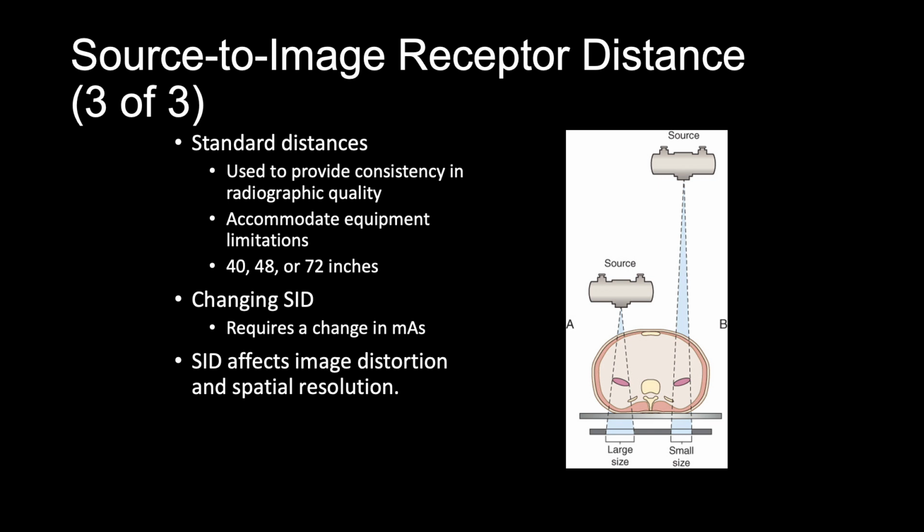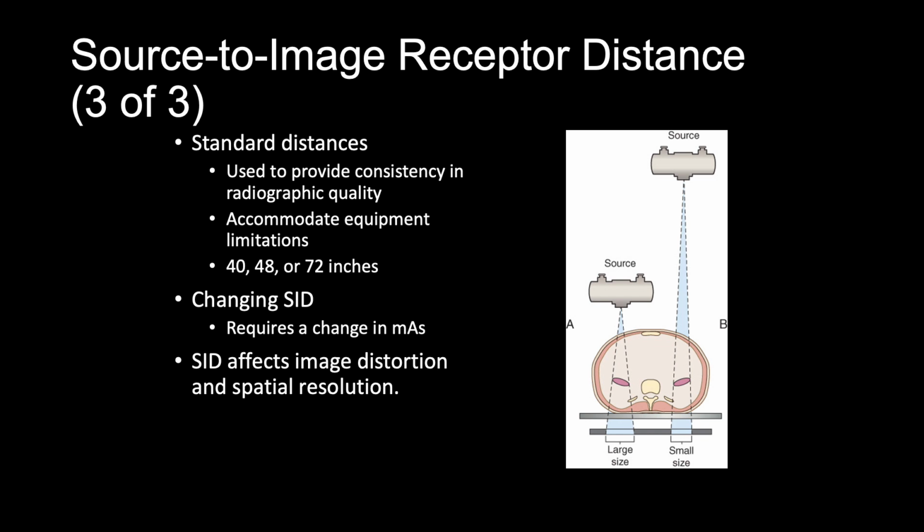Shown in this figure is SID and size distortion. A long SID creates less magnification than a short SID. In figure A, we have a very short SID, and it's going to create magnification, so it'll create a larger size.